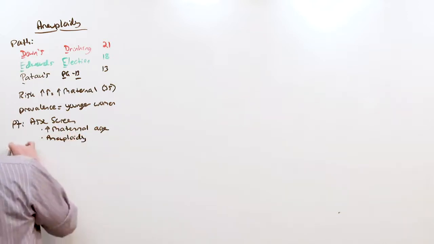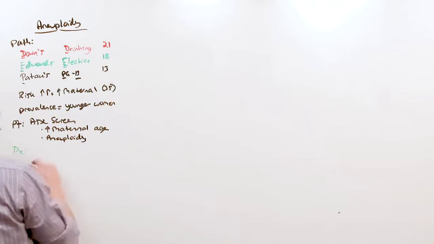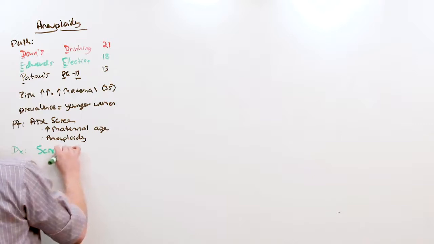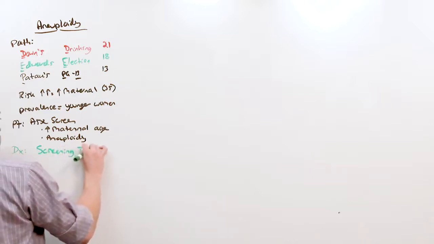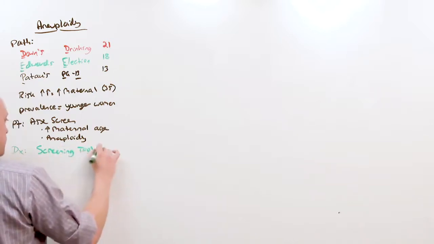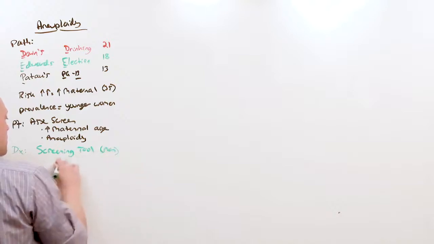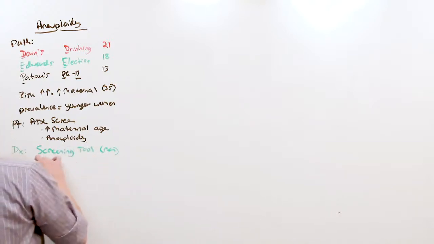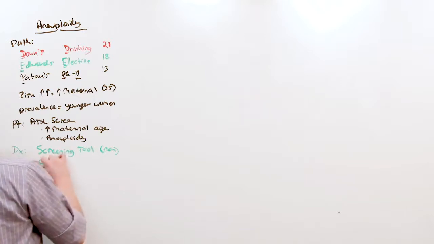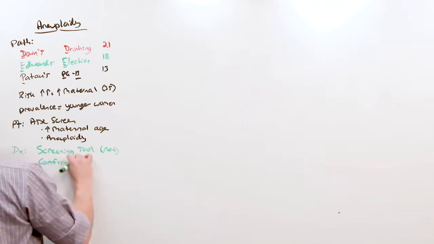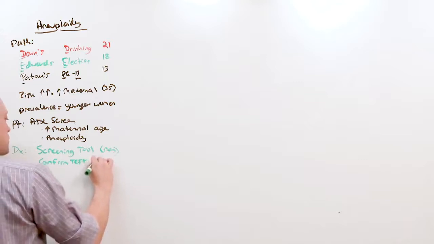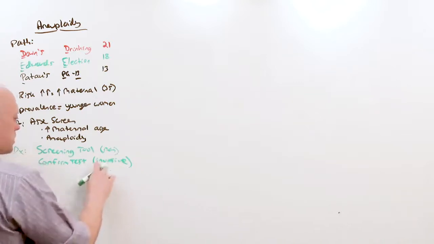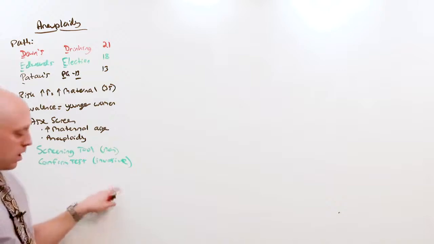The diagnostic steps, and we'll talk a little bit more about this in detail in a second, usually involve a screening tool, which is non-invasive, and then to be followed up with, if screened in, a confirmatory test, which is almost always invasive. That is a needle going into baby or the amniotic sac to get genetic material.